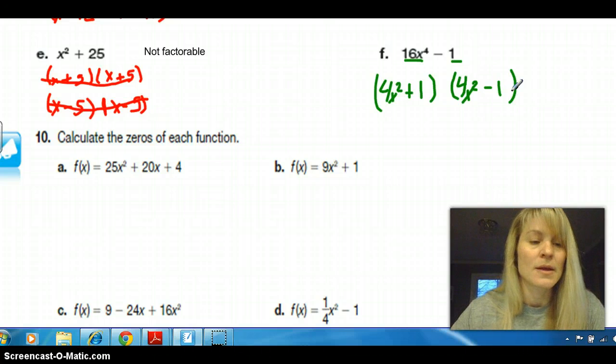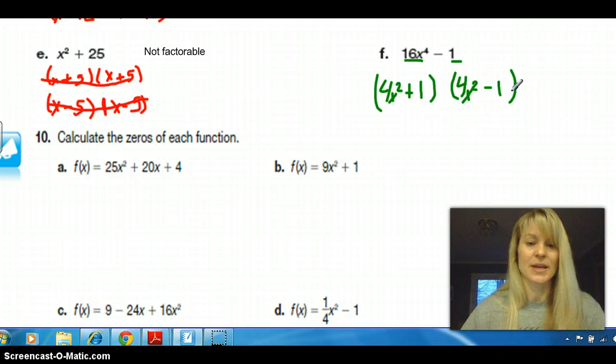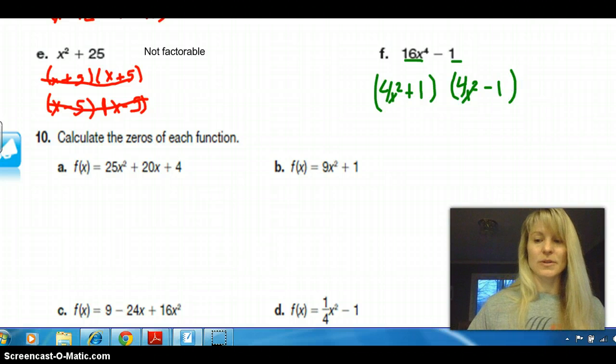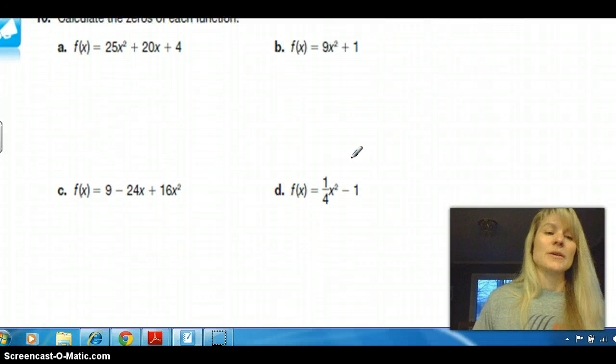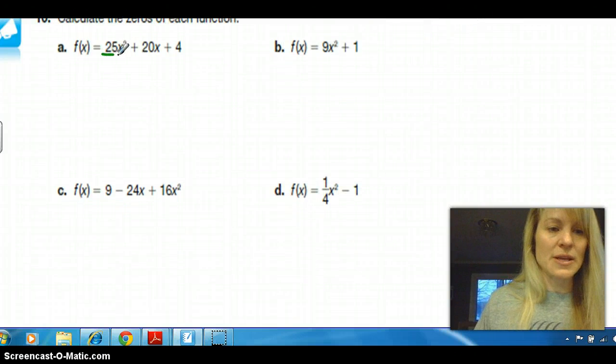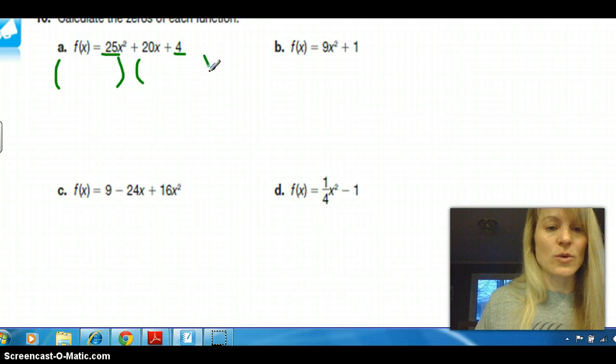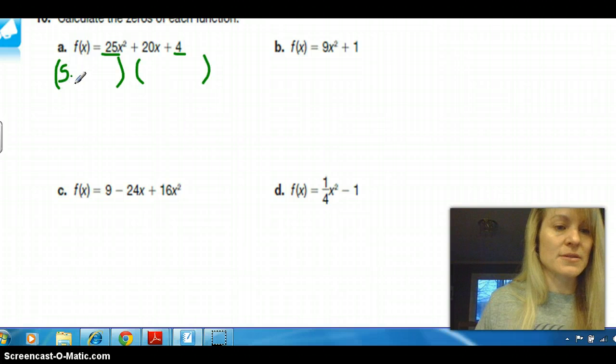Okay. And then 10, we're looking at zeros again. And so we're going to do the same thing as we did prior, but we're going to set them equal to 0. So again, when I look at 10, I should notice that's a perfect square, and that's a perfect square. So this is a perfect square trinomial. So very simply, I just have to think what times what is 25x squared, and that's going to be 5x and 5x. And then I look at my signs.